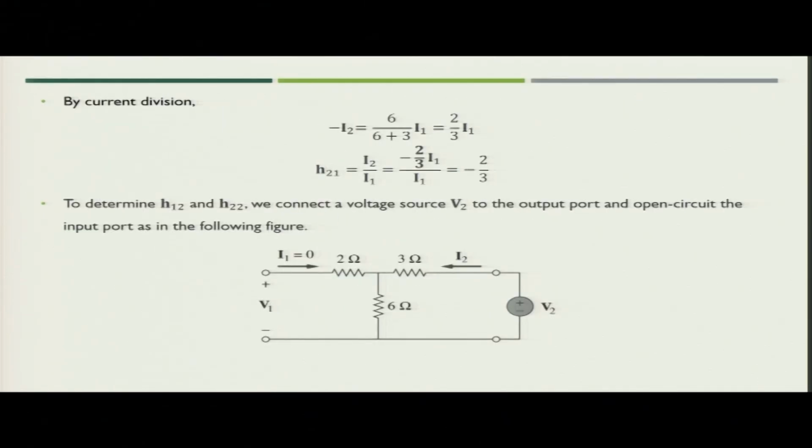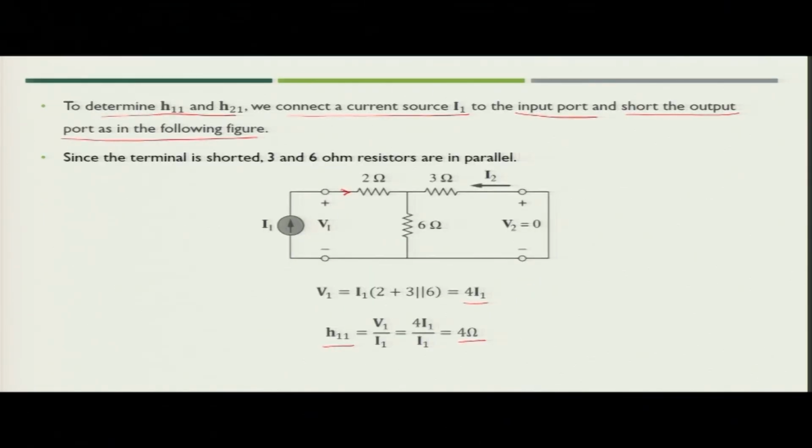Now, in the second case, you will utilize the current division at this point. The current flowing in this particular segment will be divided in the 3 ohm and 6 ohm resistance. So, using current division, you can find out the value of current flowing through this particular 3 ohm resistance.